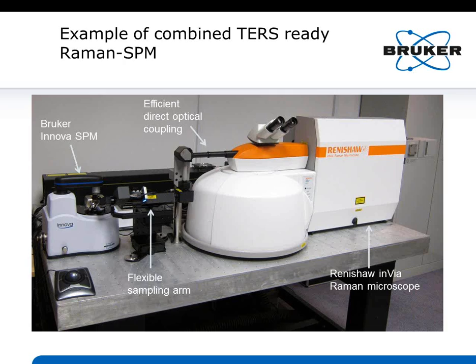And what we have here in between is an optical arm that illuminates the sample at the appropriate angle, collects the light back into the Raman spectrometer. What of course is not shown here is the software that makes sure that these two instruments work properly with each other and allow you to do the correlation.